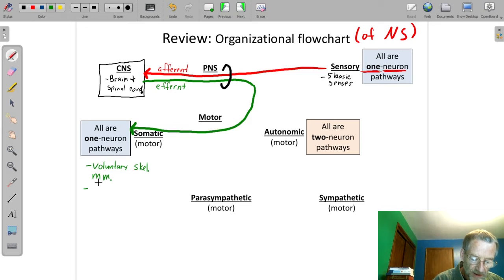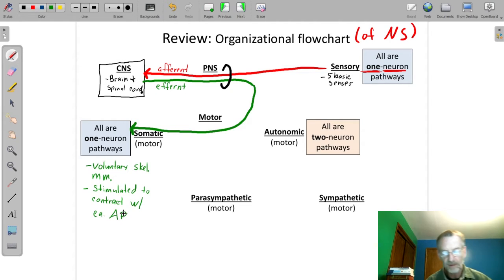And those are stimulated to contract with each action potential that arrives at the muscle. Abbreviate with each AP, or action potential. Okay, so we did a lot of that in A&P 1. So that's one motor pathway.